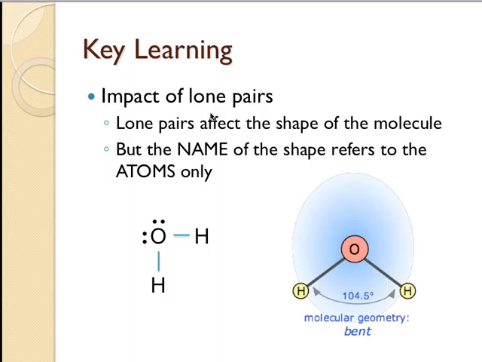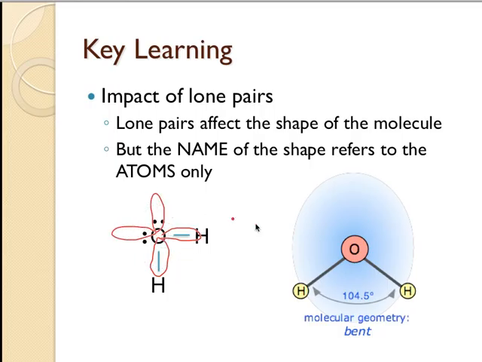What is the impact of lone pairs then? If I look at water, I have 2 pairs of bonded atoms. I also have 2 unshared pairs. Remember the definition of electron domain, those are 4 electron domains.